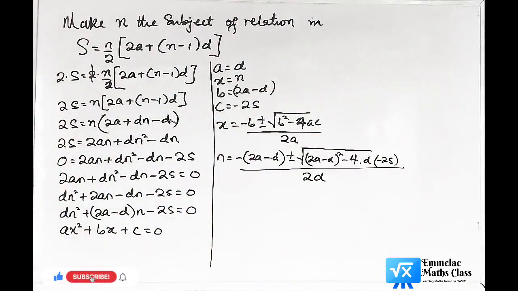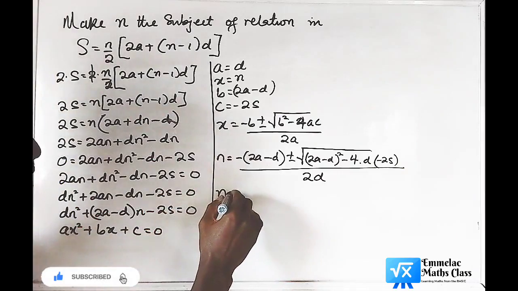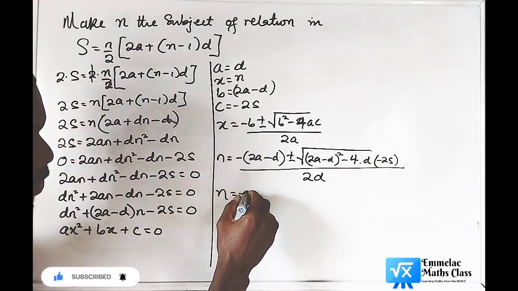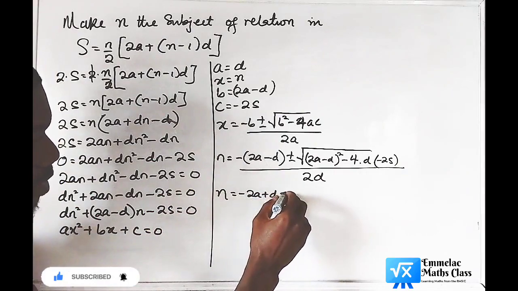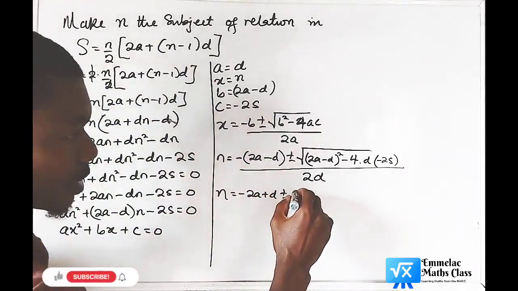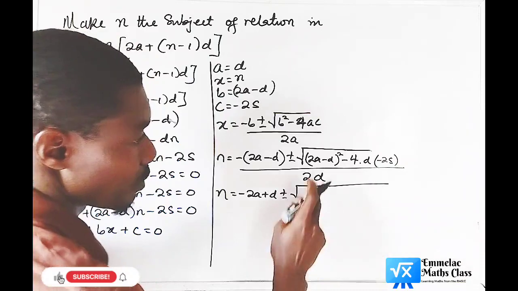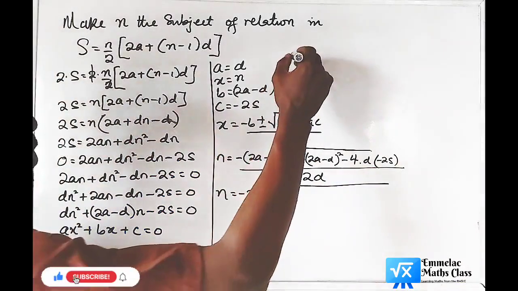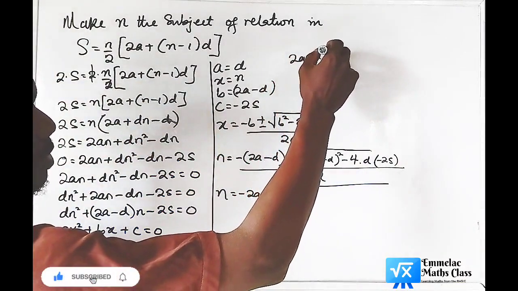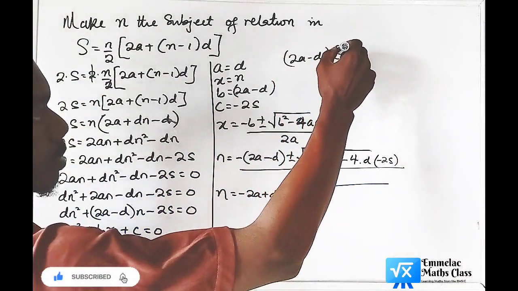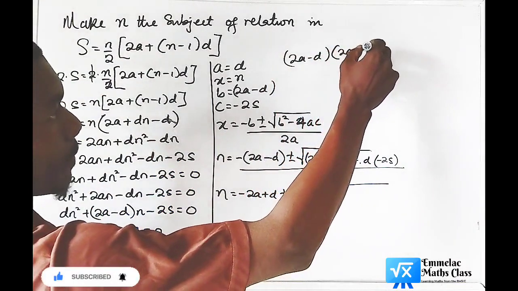Alright, now let us open. Say you have that n equals, opening this bracket, you have minus 2a plus d plus or minus, now the square root of, now if I were to open this bracket here, that will be (2a minus d)(2a minus d).